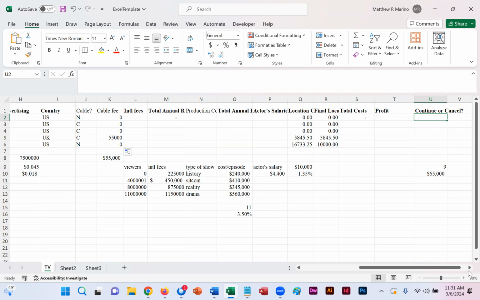So the first and third one should be continue because they're the only positive profits you should get. The second one and the last 2 are both going to be canceled. Oh no, I'm getting true for everything.